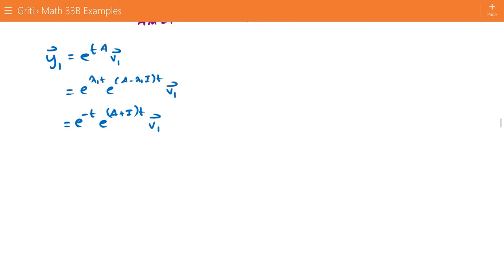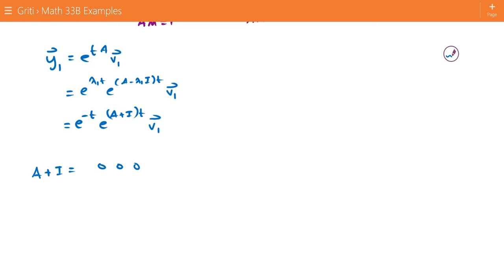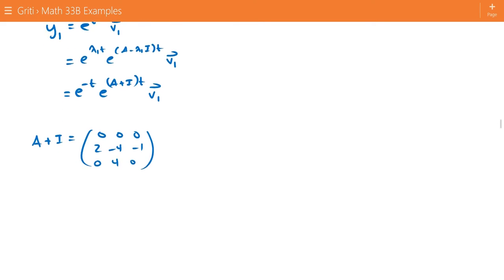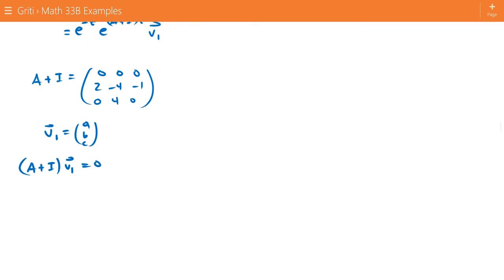Since this is algebraic multiplicity 1, we know that if we look at A plus I, which is 0, 0, 0, 2, negative 4, negative 1, and 0, 4, 0, and we look at the null space of this, we're going to find our eigenvector. So v1, we're going to say this equals a, b, c, and we want to find v1 such that (A plus I) times v1 equals 0.